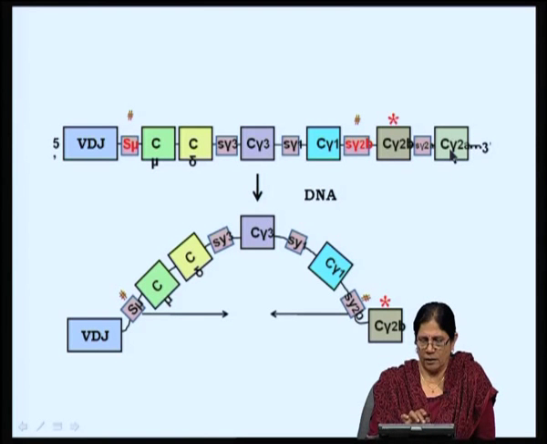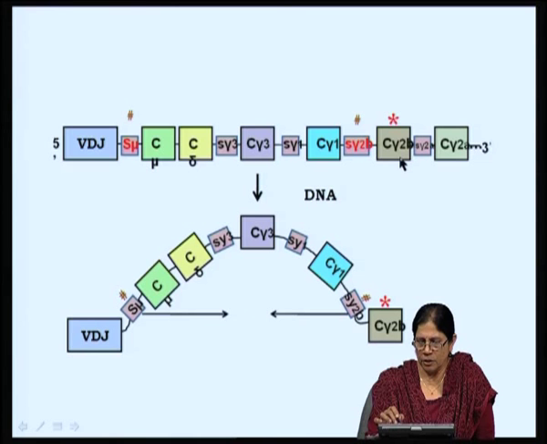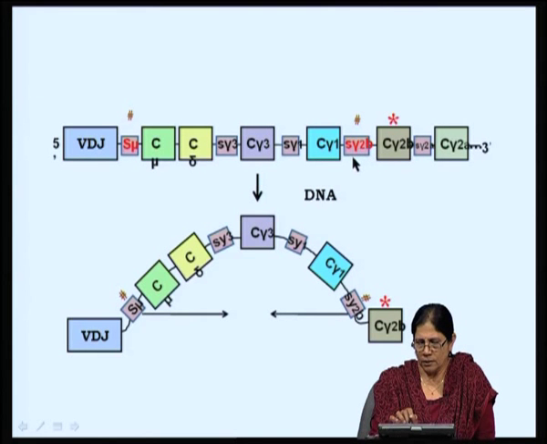Now, let us say in this particular instance, C mu is going to class switch with C gamma 2b. Therefore, recombination should take place between the switch mu and switch gamma 2b. Looping out takes place.